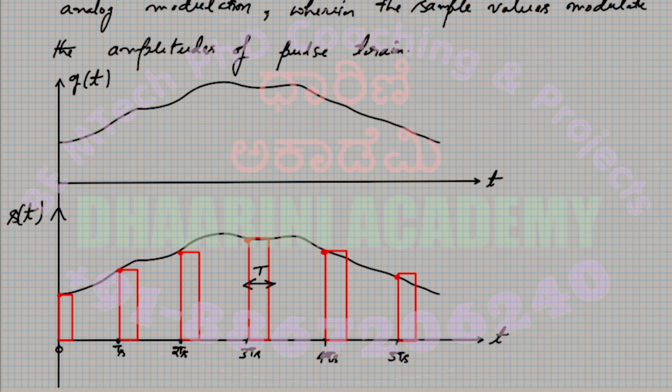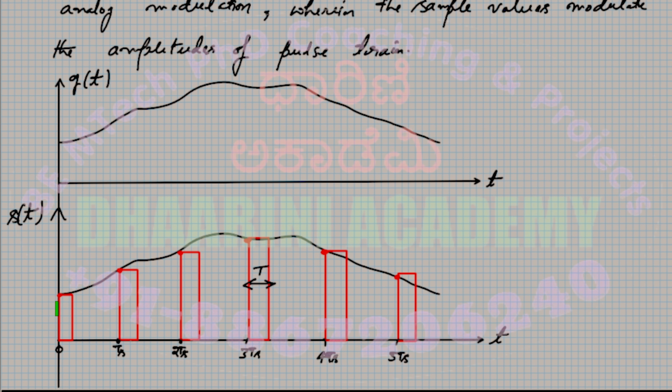Now in this diagram, we can see what type of sampling technique we have used. It's flat top samples. So the amplitude of each pulse corresponds to the value of the message signal g of t at one of the edges, preferably the leading edge of the pulse.